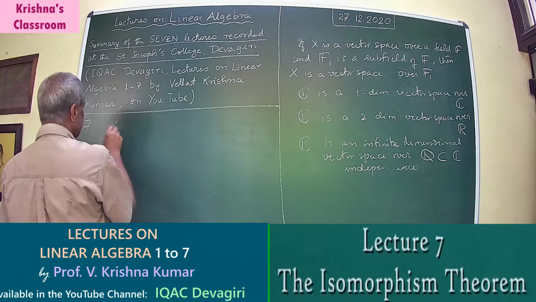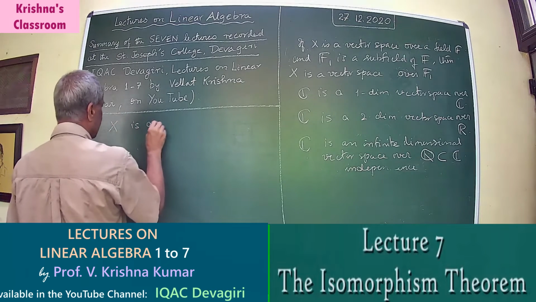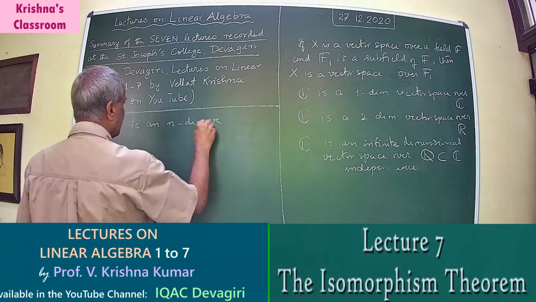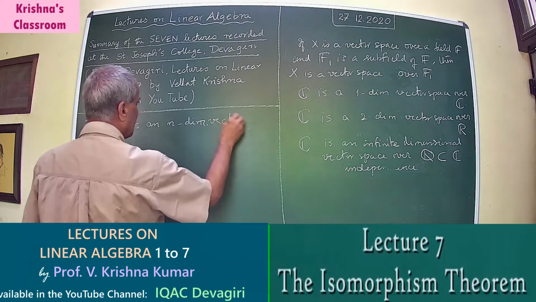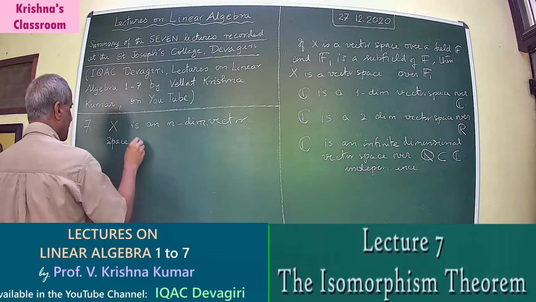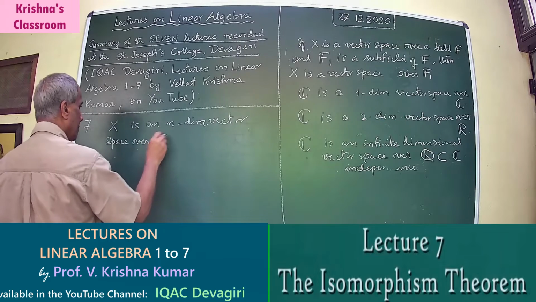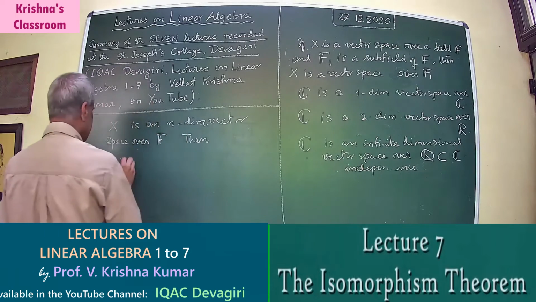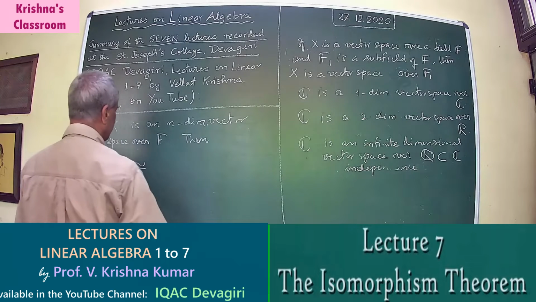If X is finite dimensional, then X is isomorphic to Fn.